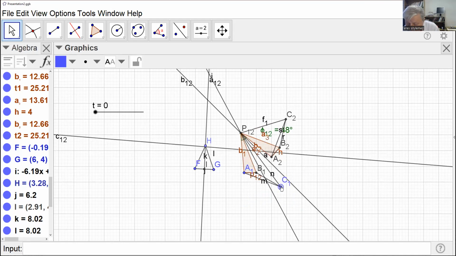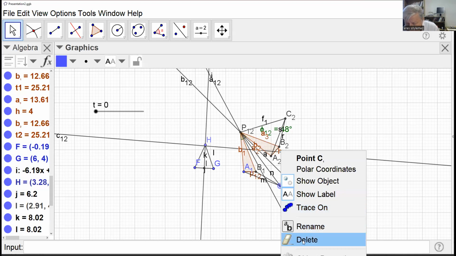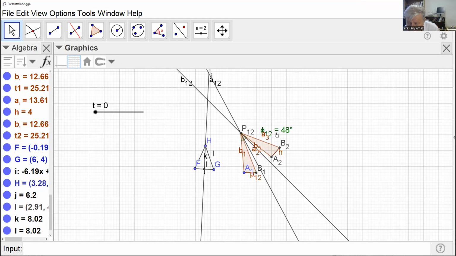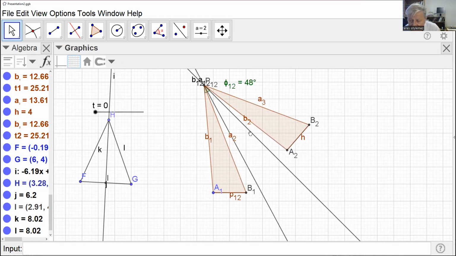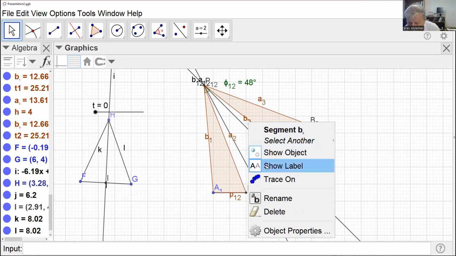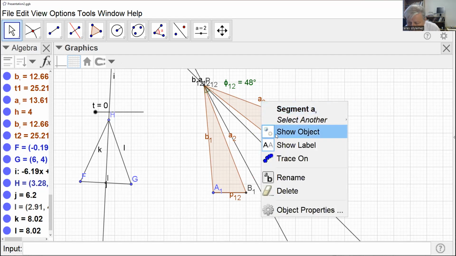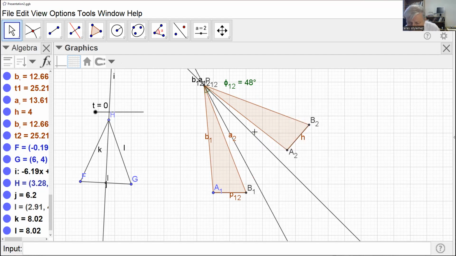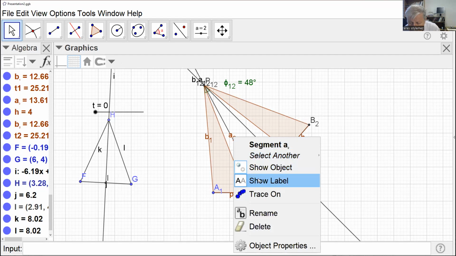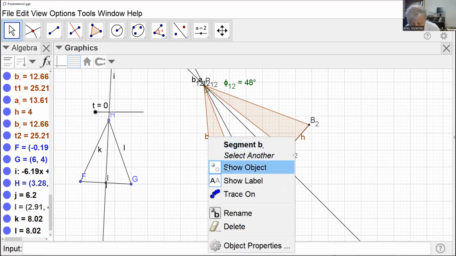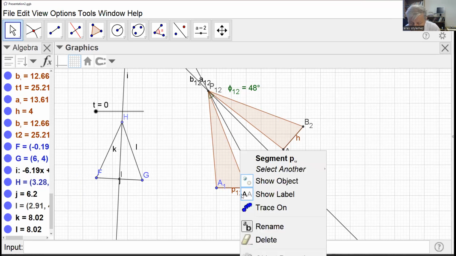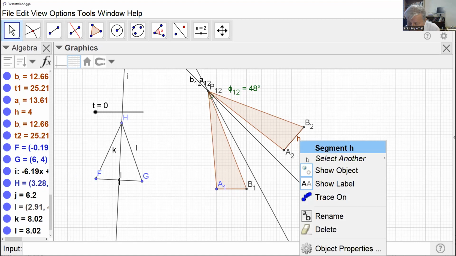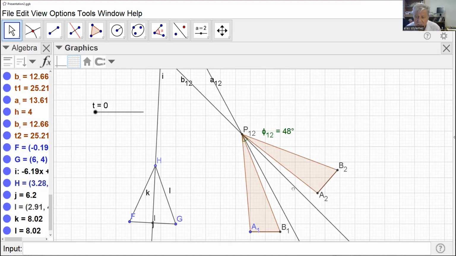Okay. Now I will delete this line, enlarge this a little, hide these points because it's making it complicated. Hide the labels. Okay.